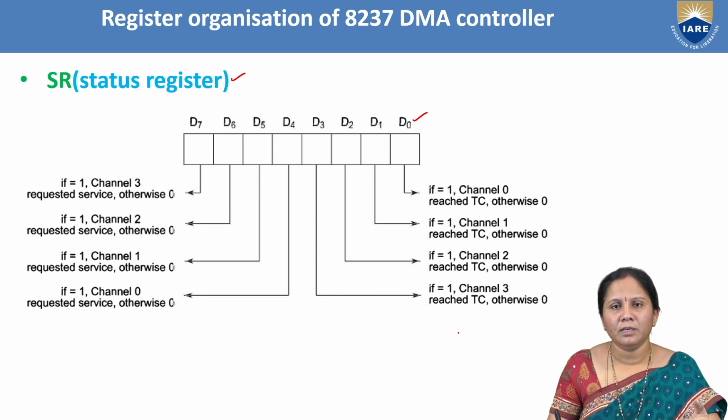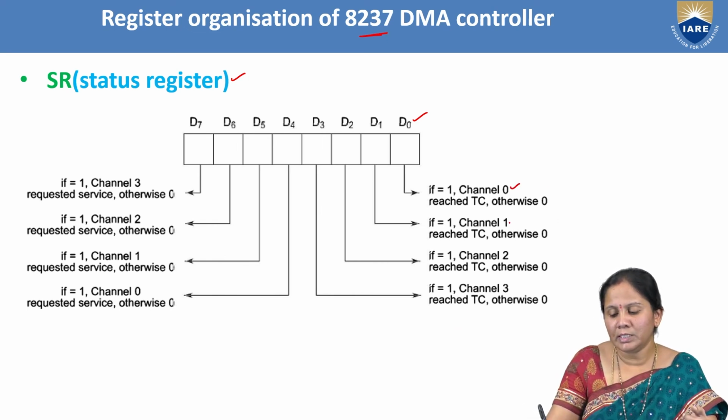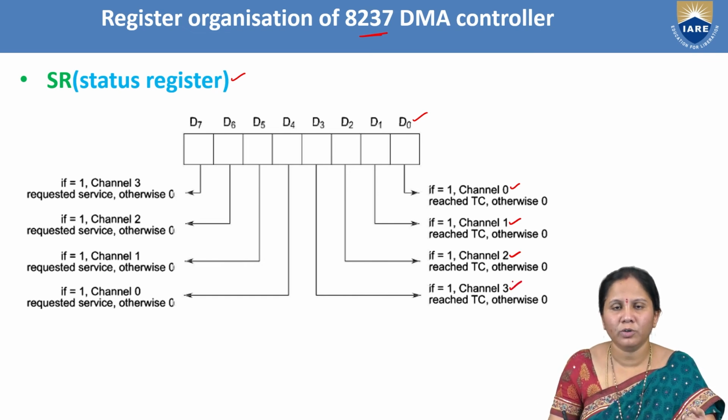We have seen some bits that say whether the terminal count condition has been reached or not. In the 8237 DMA controller, there are 4 channels, so for each channel we have one terminal count bit. In order to know which channel has completed the data transfer, that terminal count bit will automatically be set.